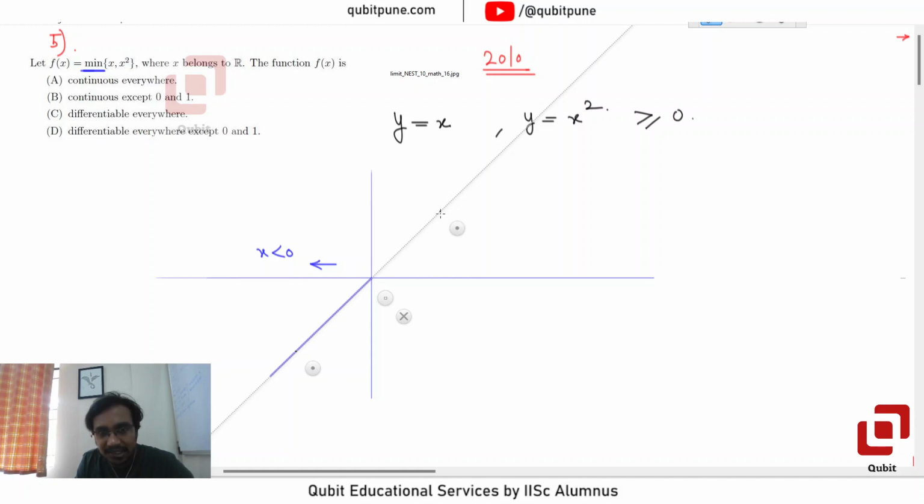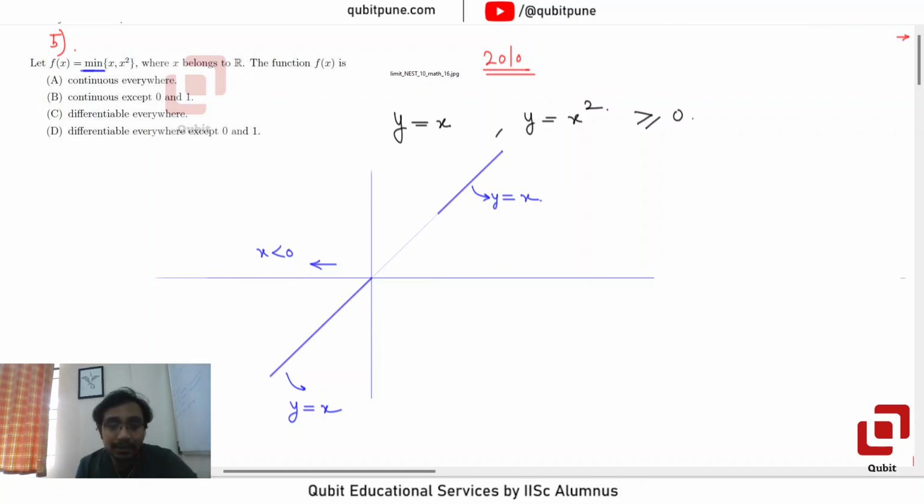And suppose this is that (1, 1) point where both the curves meet in the first quadrant. This is also y equal to x. Now why did I not draw this particular portion of it? I could have drawn it.